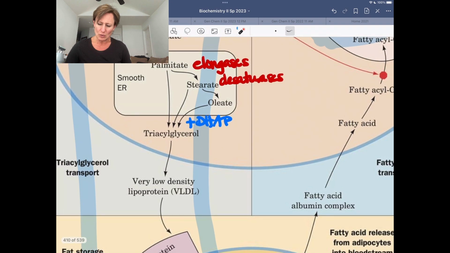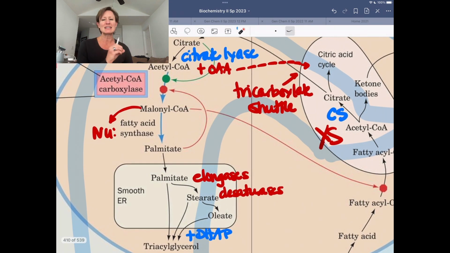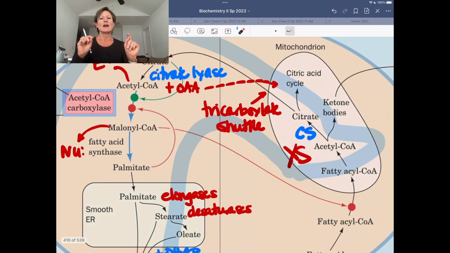One more thing to kind of show you on the picture before we put this into some words and summarize this is, again, to make sure we don't have a futile cycle. We do not want to be taking fatty acids that we're synthesizing in the cytosol from fatty acid synthase because we're in a fed state and allowing them to go into the mitochondrion.